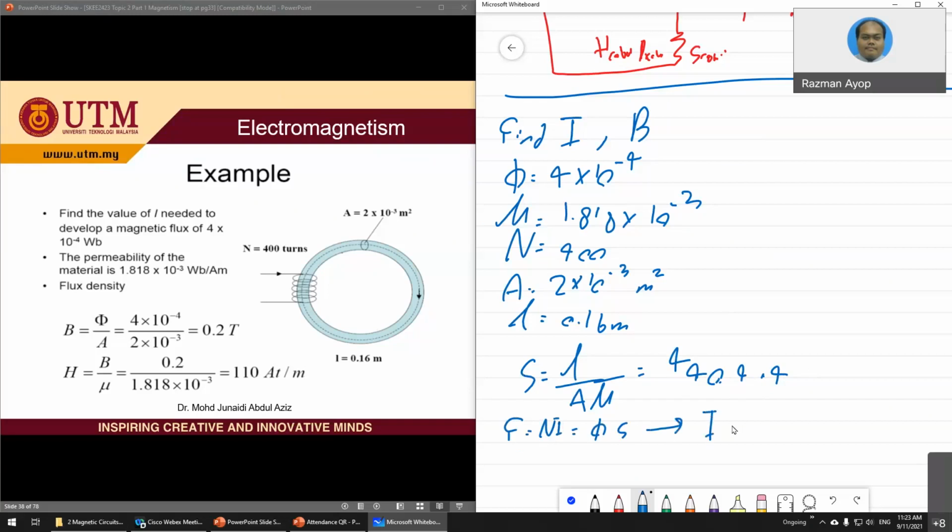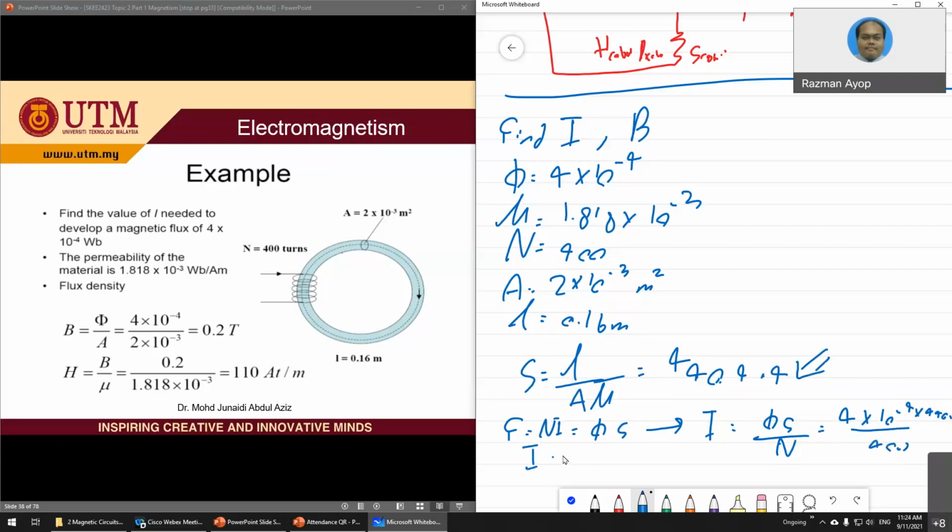So I is equal to flux times S divided by N. So flux is 4 multiplied by 10 negative 4, multiplied by 4404.4, and then the number of turns is 400, so divided by 400.